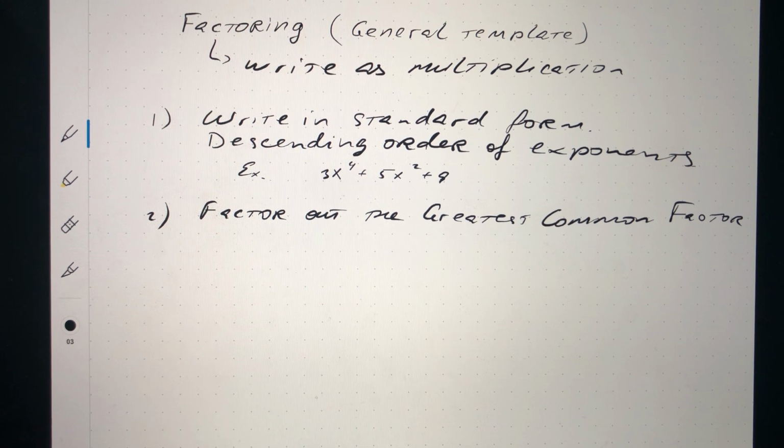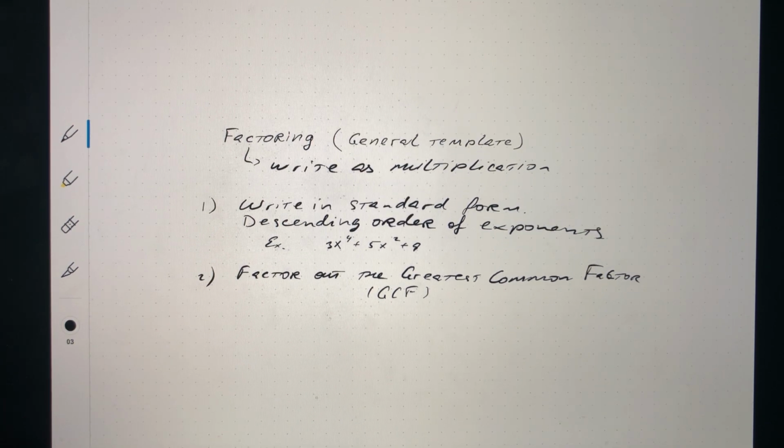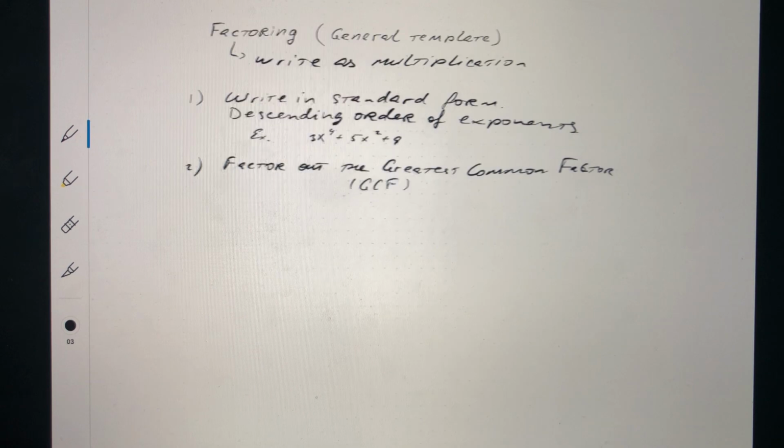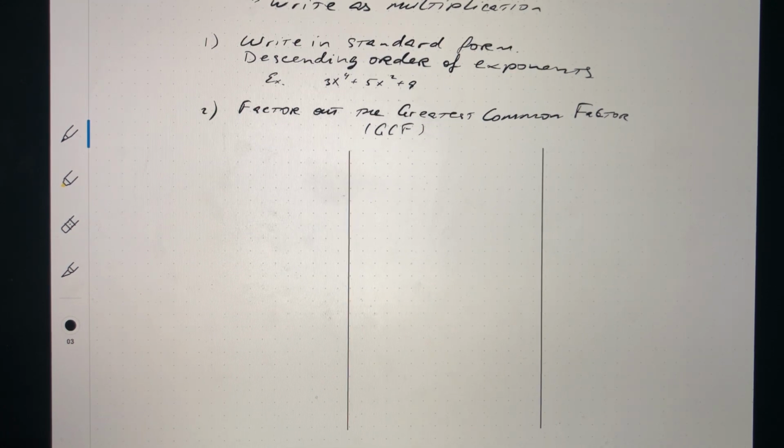So, factor the GCF. Once we take out the GCF, there are only three possibilities left. There are three categories.